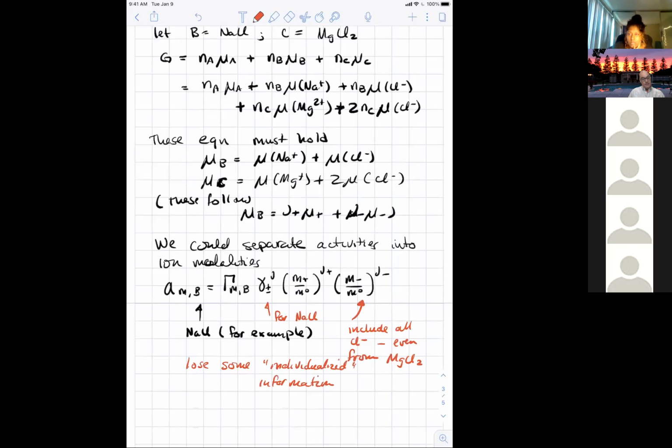In other words, for a pure sodium chloride solution, we couldn't even really do this, right? Because you can't increase the chloride ion concentration independently of the sodium. But since you have the presence of magnesium also, you're able to have this inequity between the sodium and the chloride ion concentrations, right? So that's going to change the mean ionic activity coefficient for the sodium chloride, right?